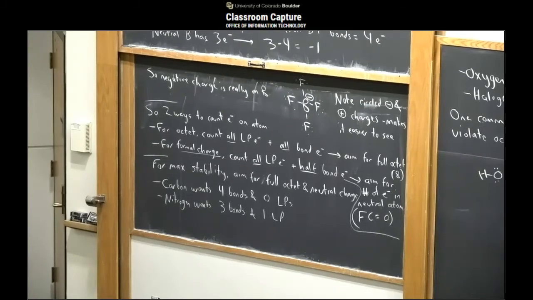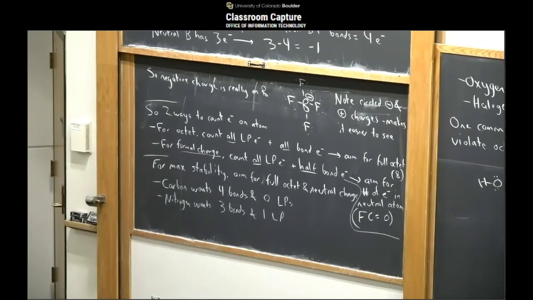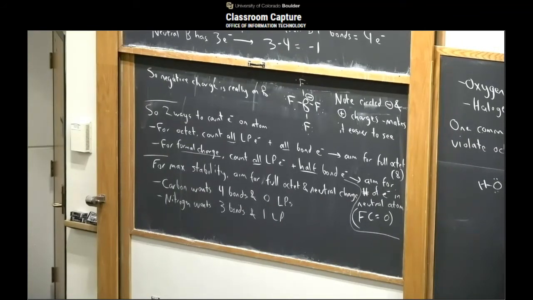But counting for formal charge, it still has 6 electrons and it wants 6. So it is still going to be neutral. Even if it's not obeying the octet rule, which it has the option of not doing, it's still going for a neutral charge overall on the sulfur in this case. Okay, questions about that example? Okay, cool.